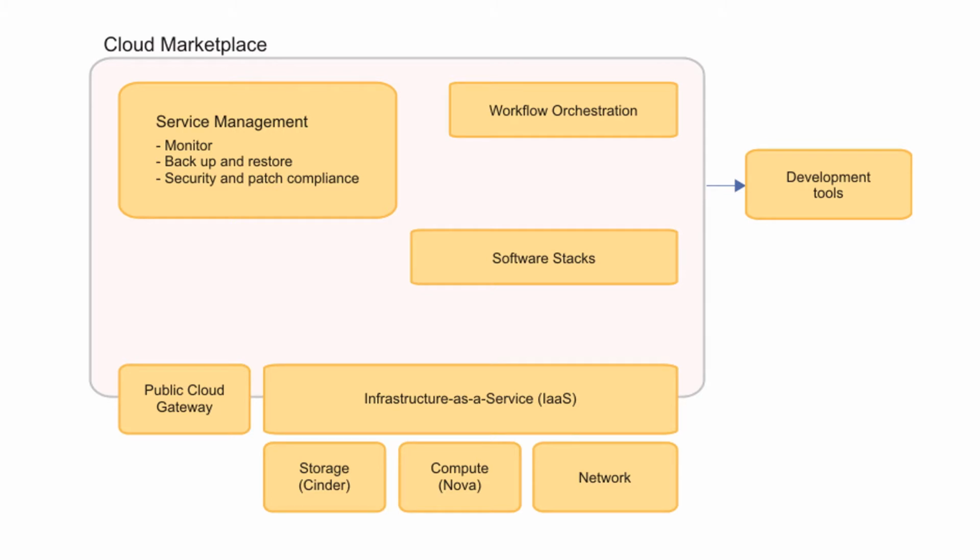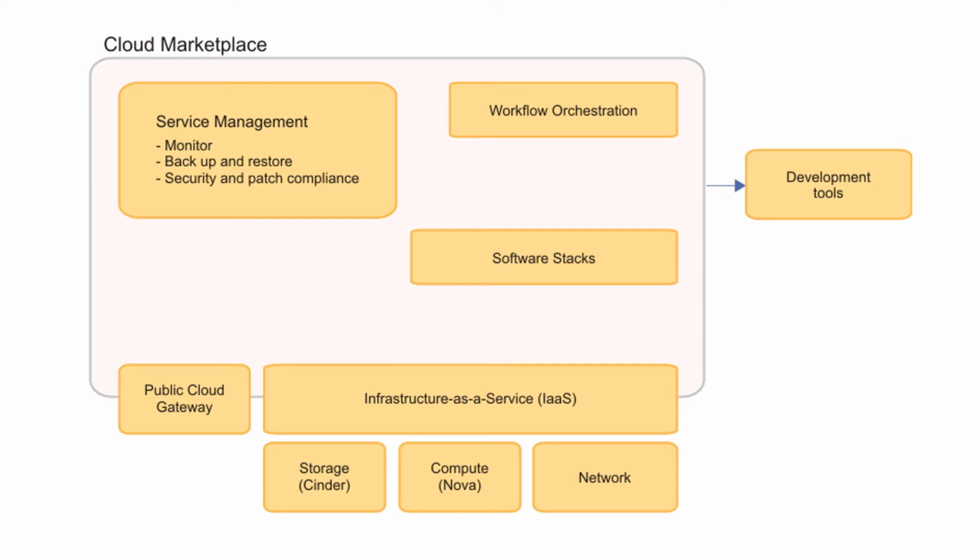This is the architecture, which consists of service management, workflow orchestration, and software stack, which are connected to the development tools, and public cloud gateways that connect to the public cloud.